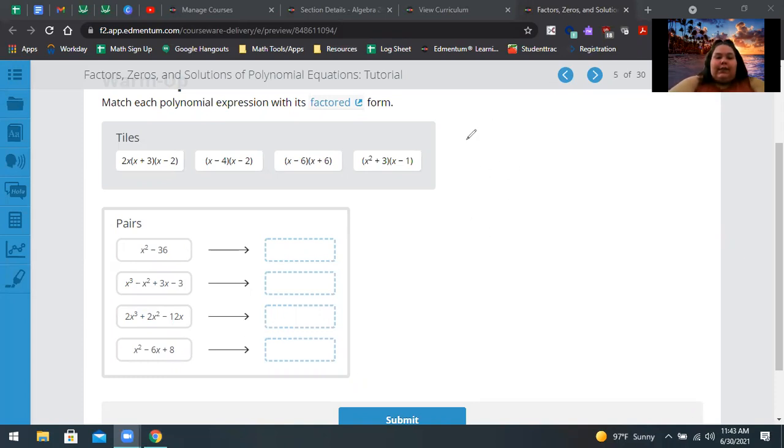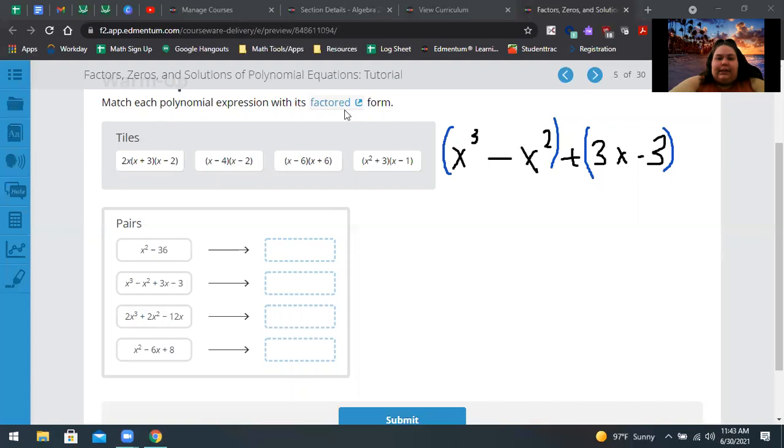So the second one is x to the third power minus x squared plus 3x minus 3. Because I have 4 terms, I want to group the first 2 terms and group the last 2 terms, and I have it split with that plus sign there.